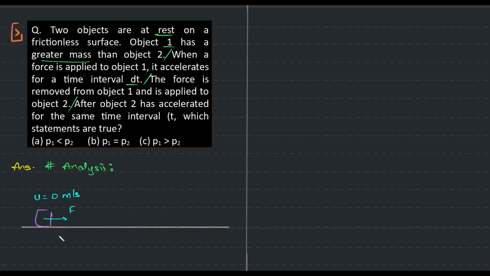And the duration for which this is applied. When the force is applied to the object, it accelerates, and the time interval is delta t. Object 2 has accelerated for the same time interval. T is the same for both, basically.